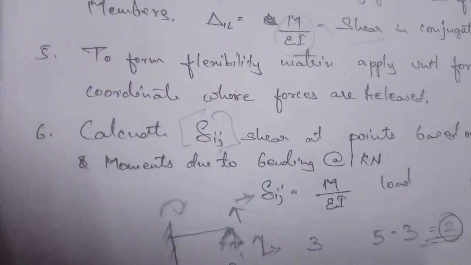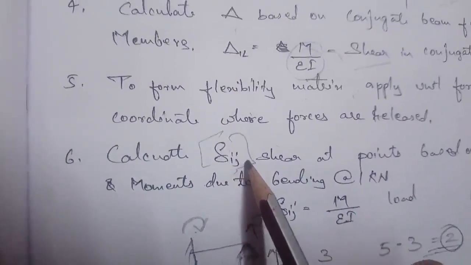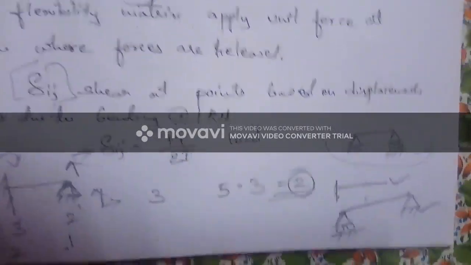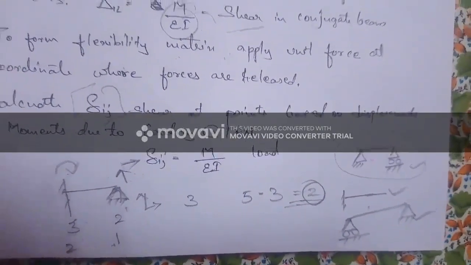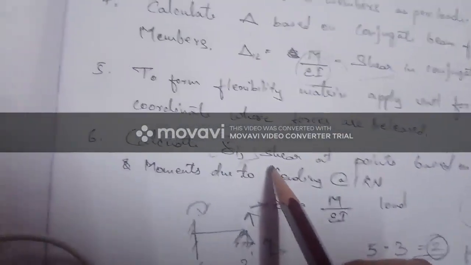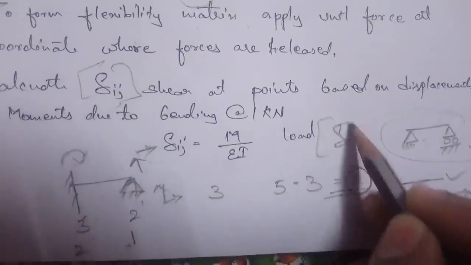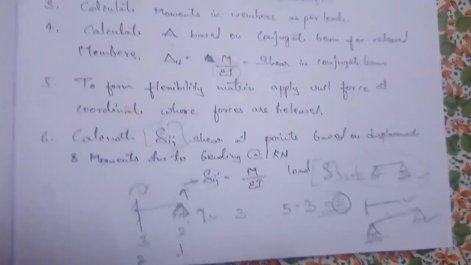Always this matrix, that is the matrix of delta I J, will be a square matrix equivalent to the indeterminacy value, okay. So we got the value of 2. So the matrix forms an indeterminacy matrix, that is delta of 2 by 2. Clear?